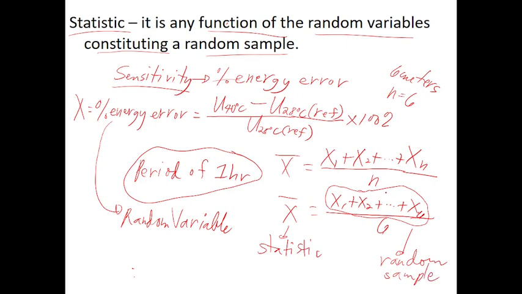So x sub 1, x sub 2, x sub 3, x sub 4, x sub 5, x sub 6 is your random sample. So constituting a random sample, that's it.